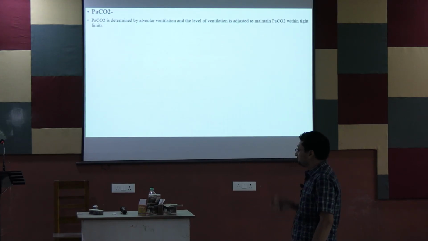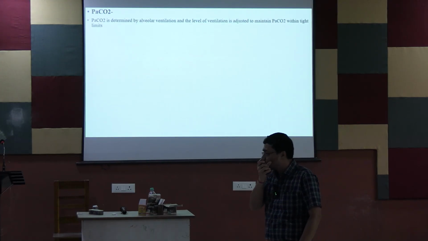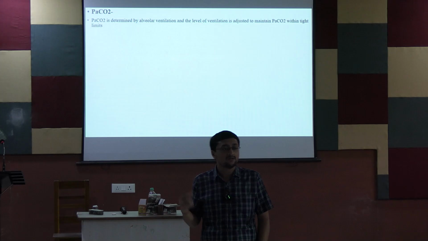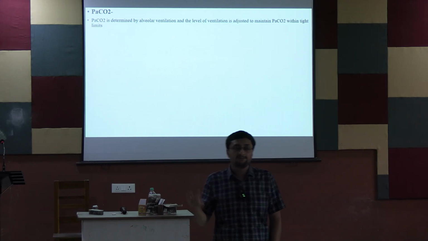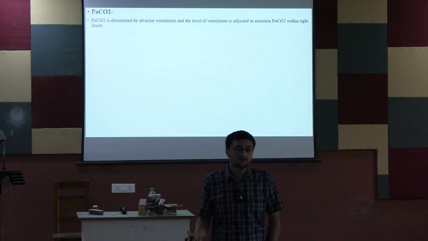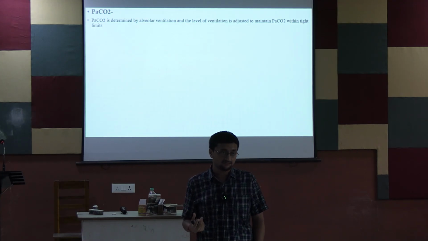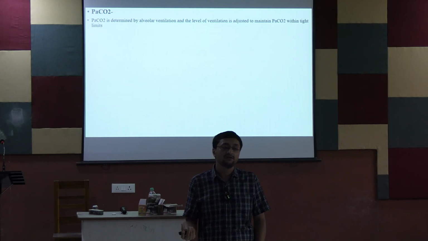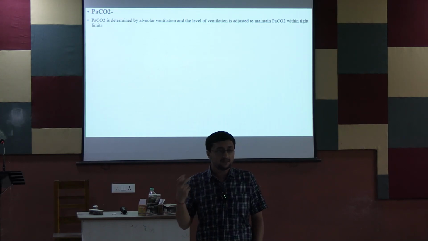So next one is PaCO2. PaCO2, that means partial pressure of carbon dioxide. Predominantly কিভাবে PaCO2 determine হয়? By the alveolar ventilation. If there is alveolar hypoventilation, then the PaCO2 will rise. There will be carbon dioxide retention. Okay.